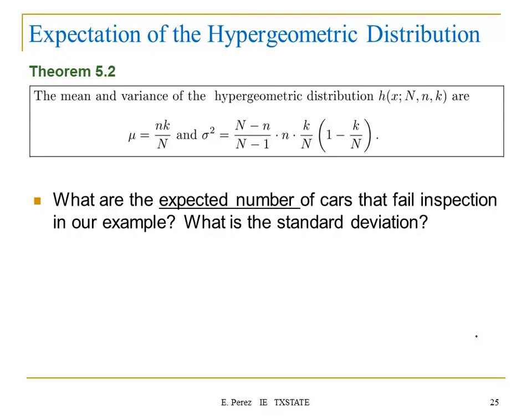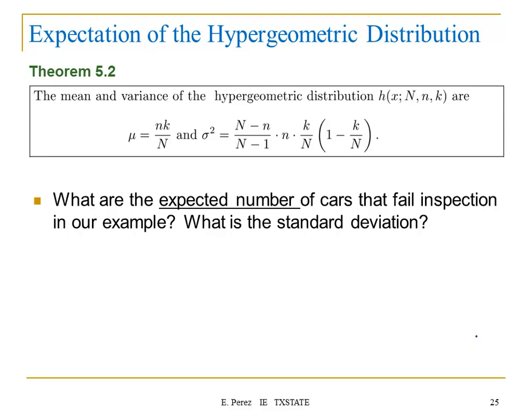I'm asking again about the expected value, here using a different word: what is the expected number? Every time you see the word expected, or the mean, you know that we're trying to find the mean or the expectation of such a random variable. So the expected number of cars that fail inspection in this example is going to be given by this mean, because this is a hypergeometric random variable.